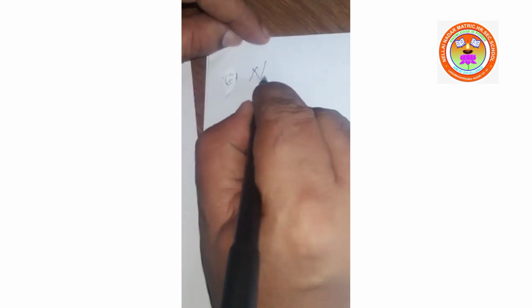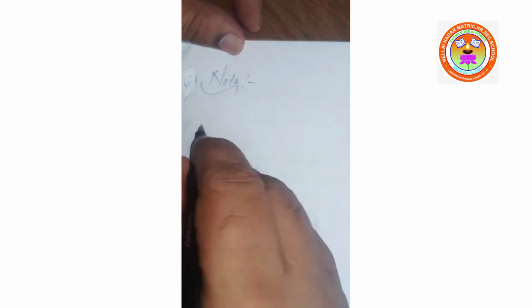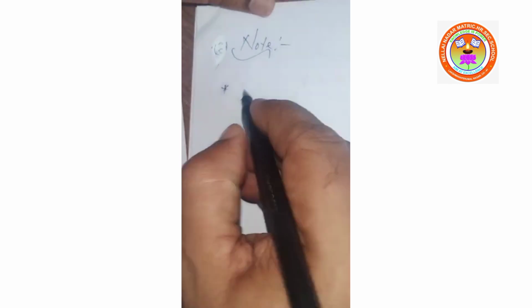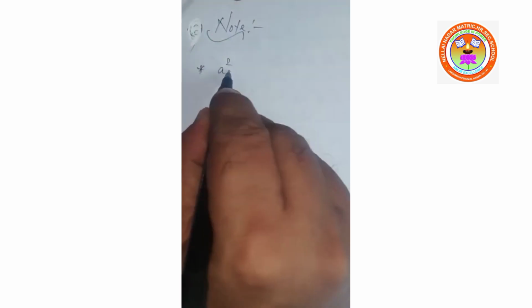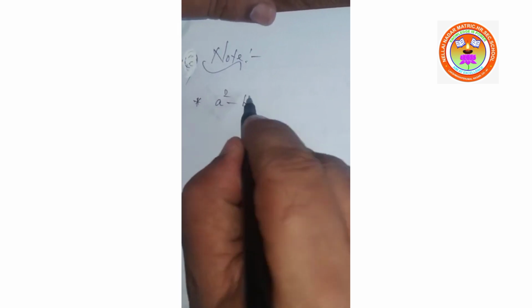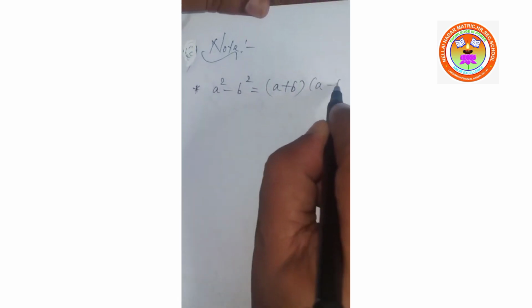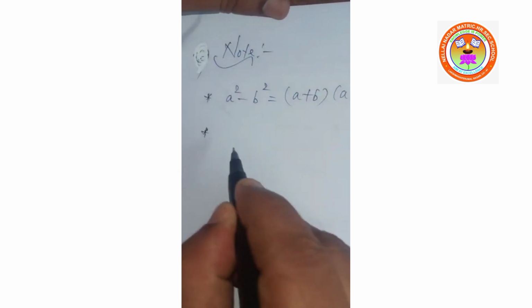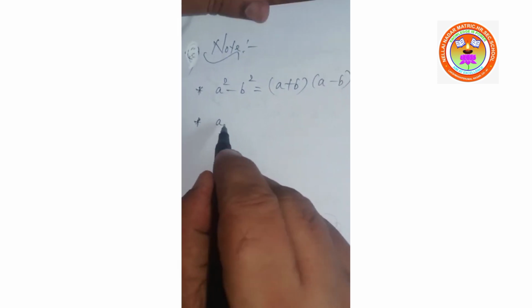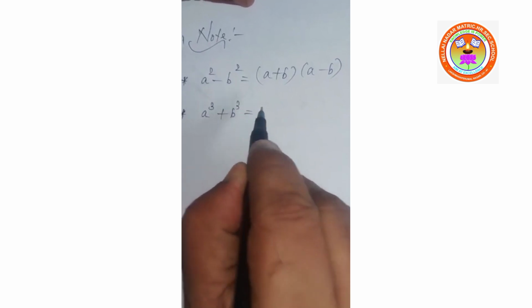Note, these are the identities to be remembered. These identities you have learnt already in 9th standard. A square minus b square, that is equal to a plus b into a minus b. Second one, a cube plus b cube.